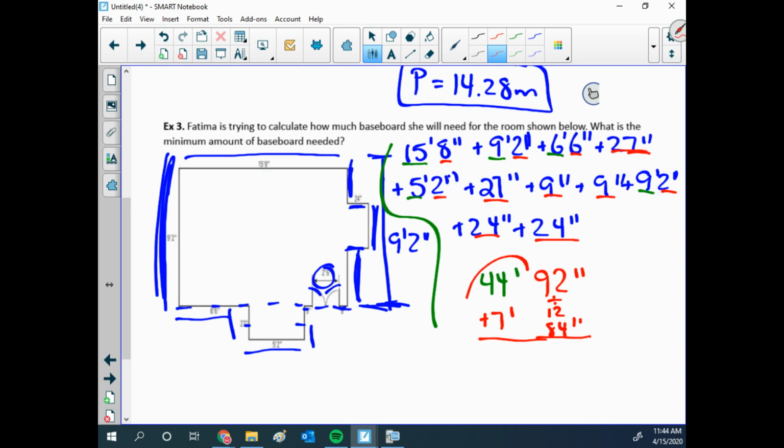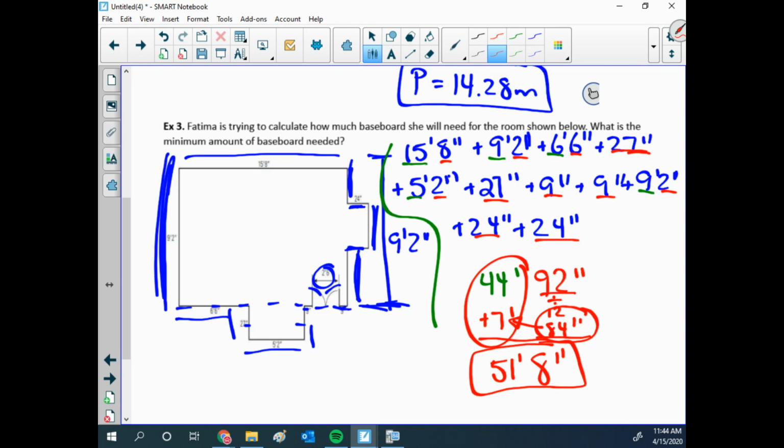So 44 feet plus 7 feet is 51 feet. I've taken the 84 inches away from 92 to convert it. So 92 minus 84 is 8 inches. It's a weird way to do that. The other thing you could do is change them all to inches or change them all to a common unit and then convert them back to feet.